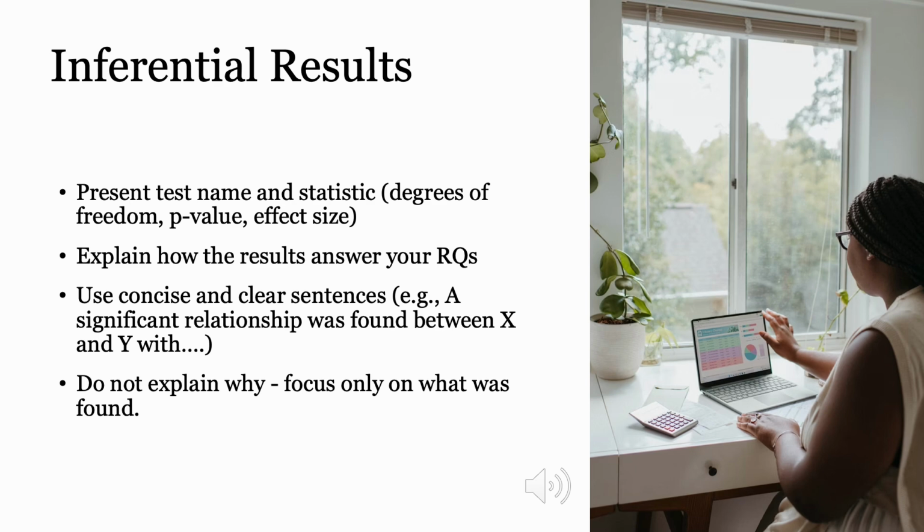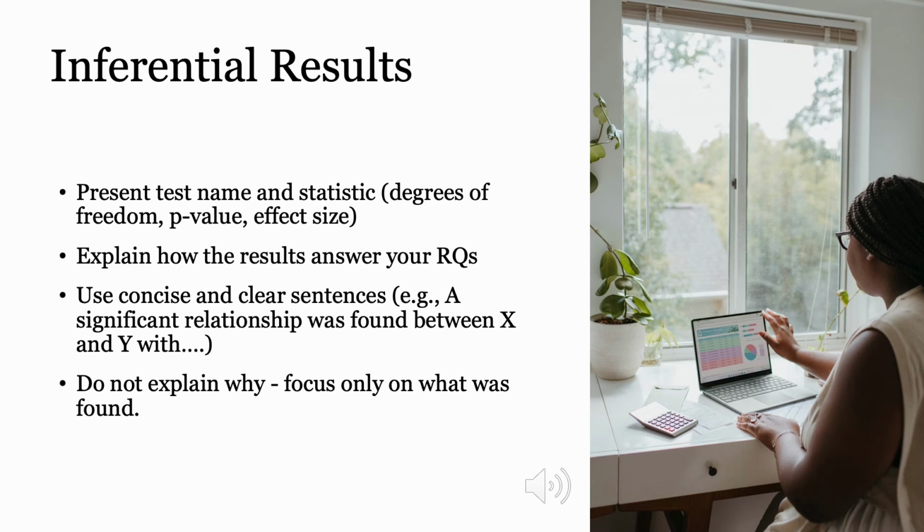Some studies may also have inferential results where you conducted additional analysis to test your hypothesis. If your study includes inferential analysis, this section is where you report those results. You should clearly state the statistical test used, along with the relevant statistics such as degrees of freedom, p-values, and effect sizes.